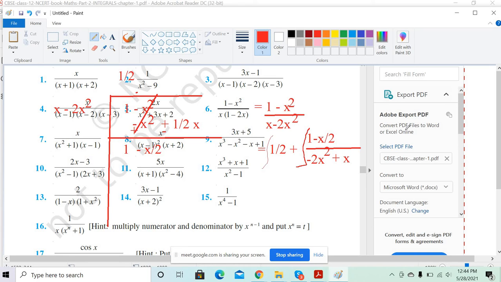Understood? So in this integration, you will get half x anyway, and this only you have to solve. This is similar to whatever you did previously also. Okay. Understood or not? Any questions, any doubts? No, sir. Okay, just do that now.